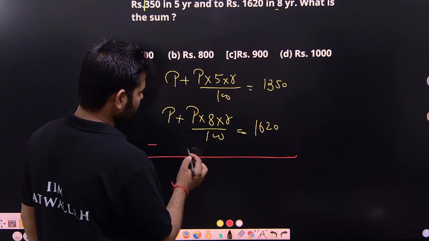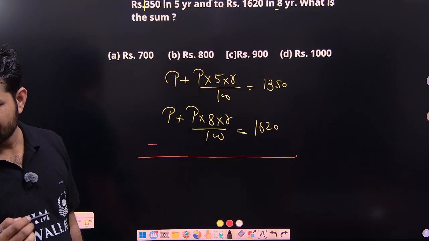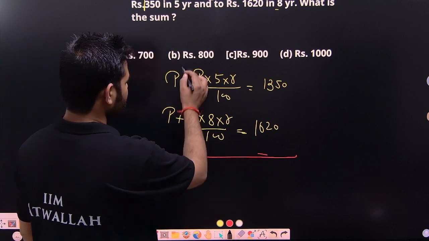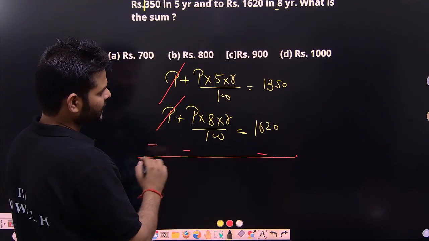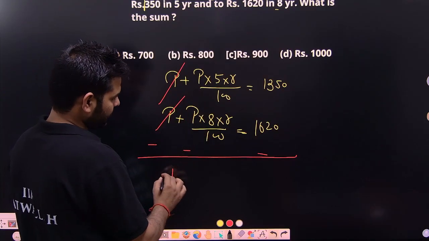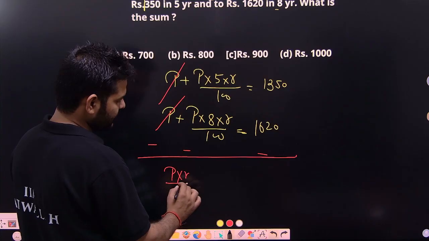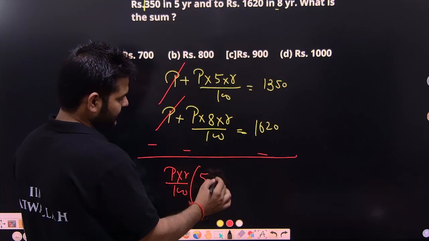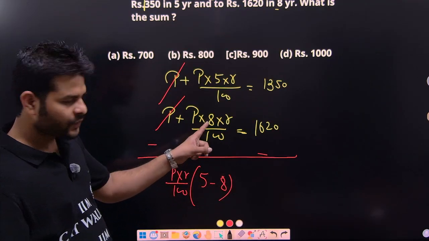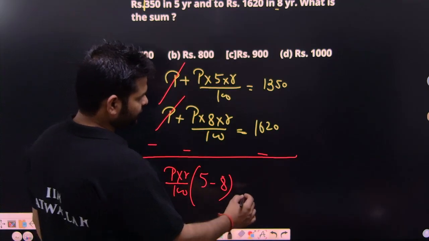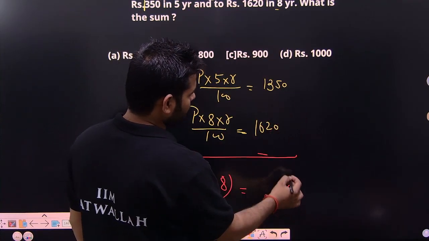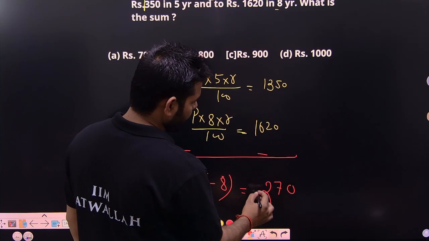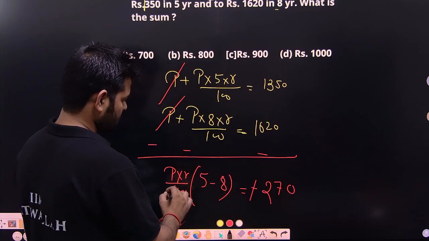Subtract these equations. In subtraction my sign changes. So that is plus, that would be minus, that would be minus, that would be minus. So plus P minus P. If you see from here, P r upon 100 is common. That means 5 minus 8. Here that would be 8, here that would be 5. Here 12 minus 5, 7, 5 minus 3, 2.